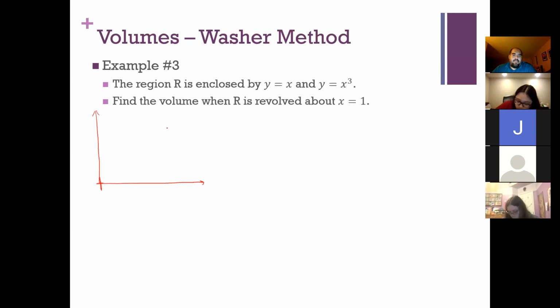Because you're rotating around a vertical line. Yep, absolutely. So we're rotating it around something that's parallel to the y-axis, so we need to be using y as our independent variable. And we're going to be going around this axis, x equals 1.